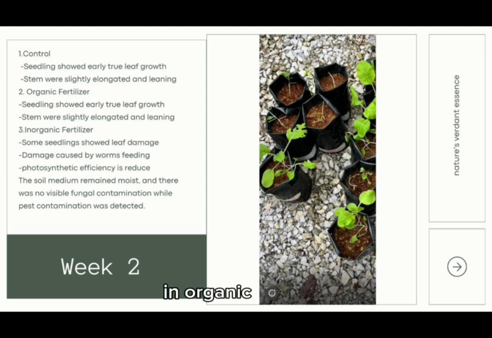In organic fertilizer, some seedlings start showing leaf damage because worms were feeding on their leaves, which may have reduced photosynthesis. The soil medium remained moist and there was no visible fungal contamination, while pest contamination was detected.